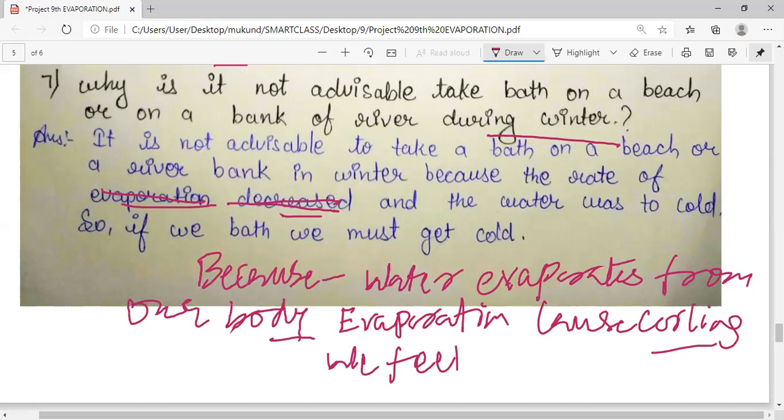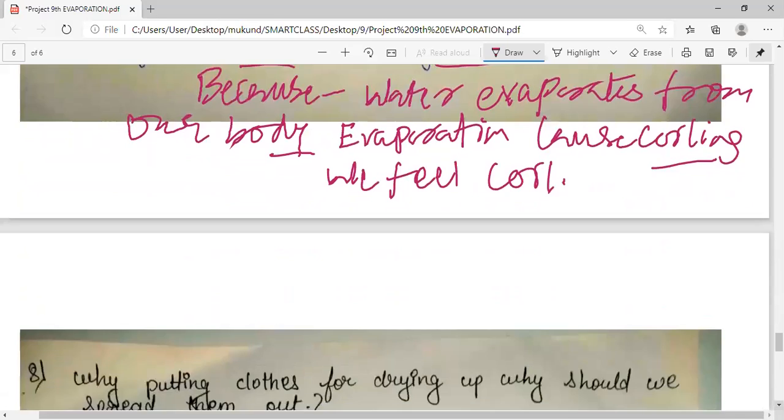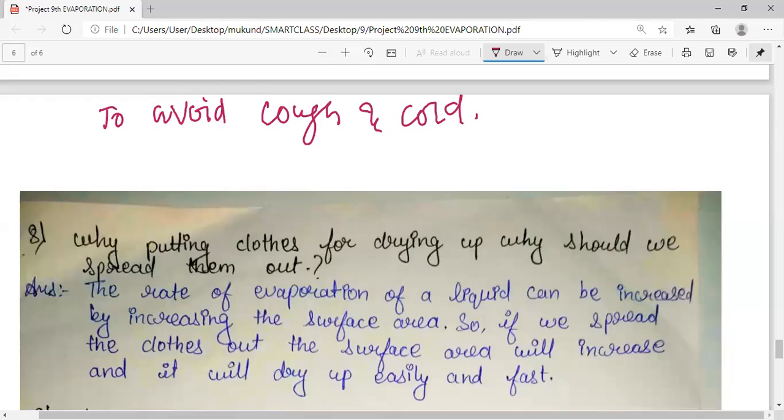There is a possibility that we can get cough and cold. To avoid cough and cold, my dear students, we avoid taking a bath in the winter at the river bank or sea.